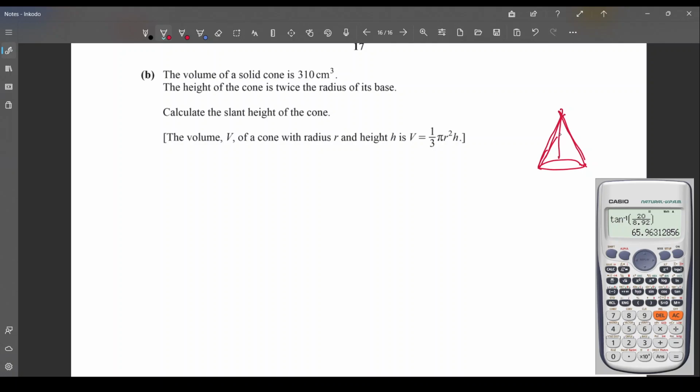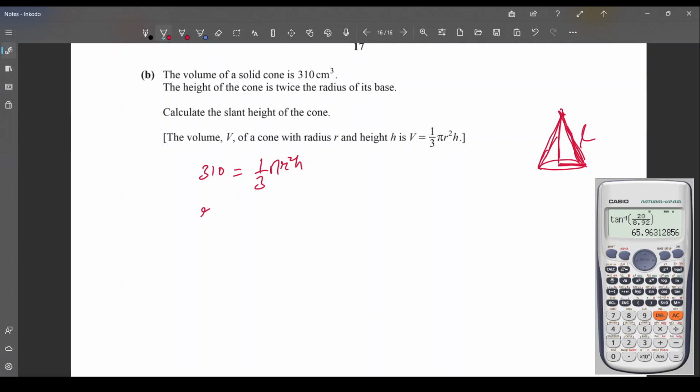So calculate the slant height of the cone. We have to find the slant height, that is here L. We know that the volume is 310, and the formula is given, 1 by 3 pi r square h. From this we can extract the radius, and we will double it to find the height.